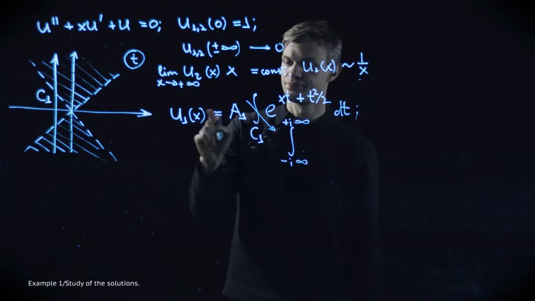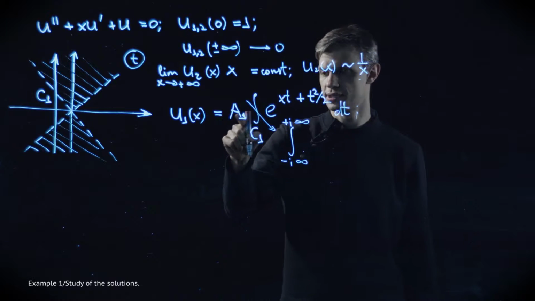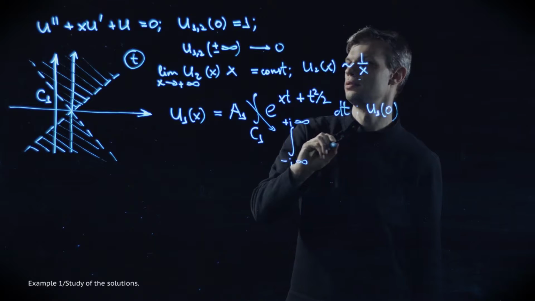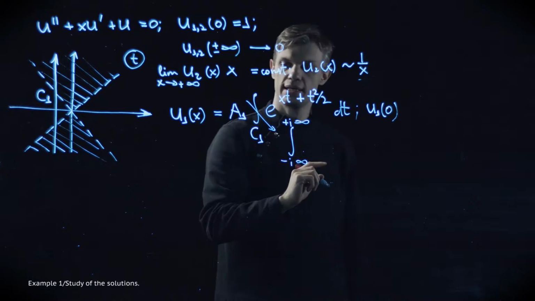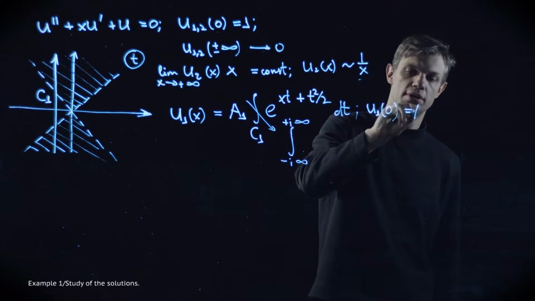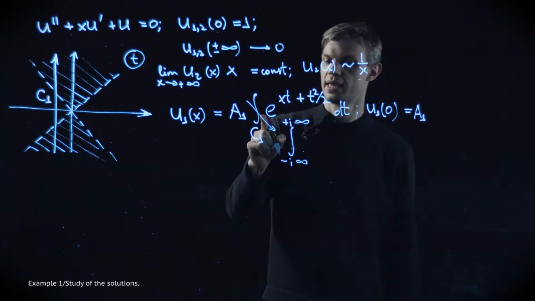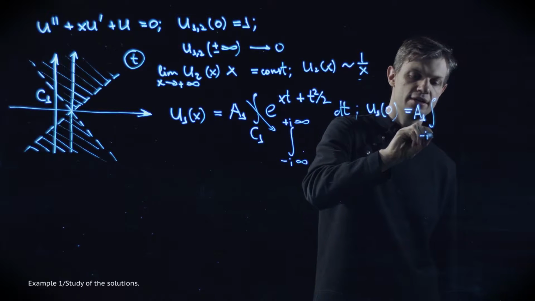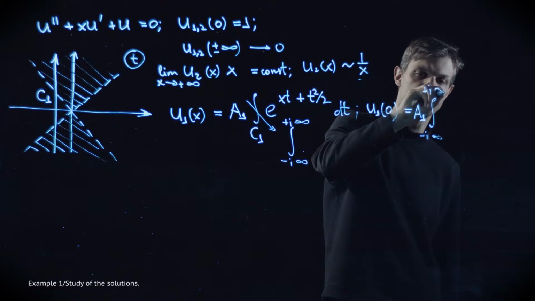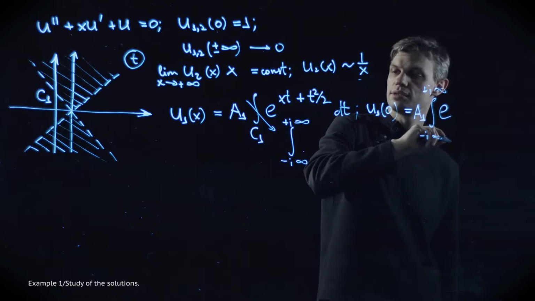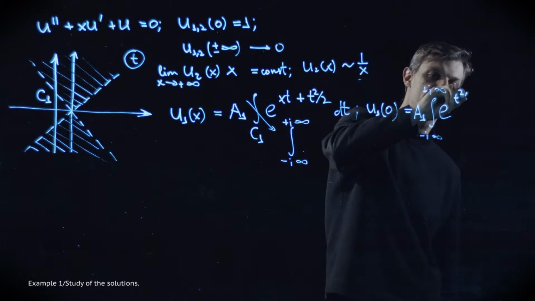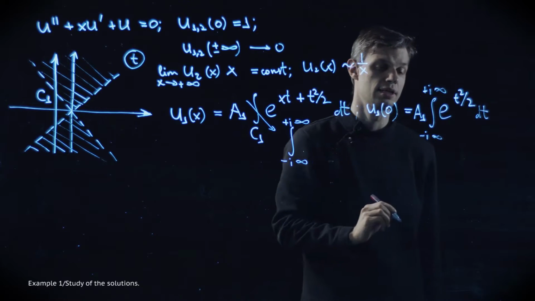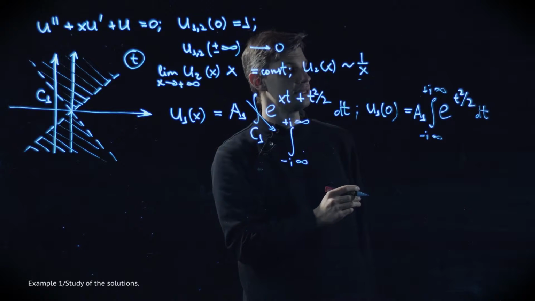So now let's find the constant a1. u1 of 0 is 1. So it's equal to a1 times the following integral from minus i infinity to plus i infinity of e to the t squared over 2 dt. And this is a simple Gaussian integral.